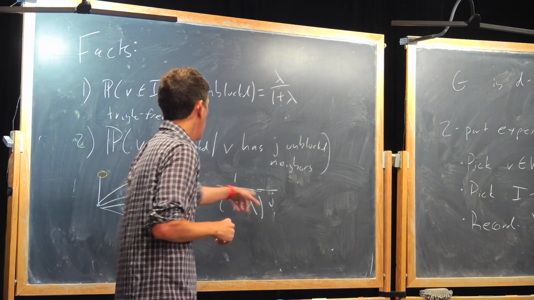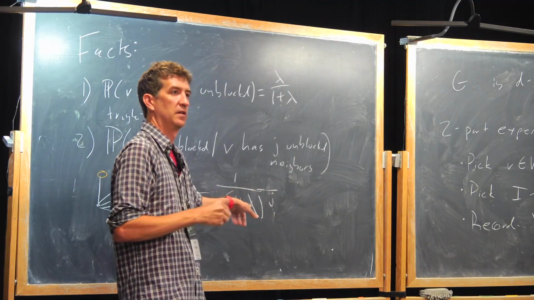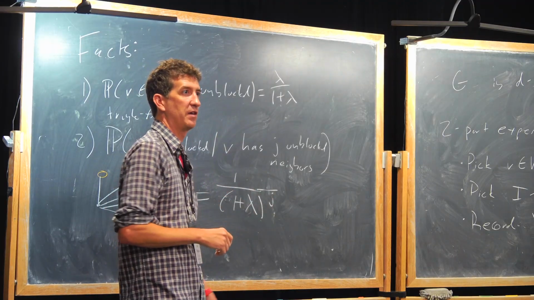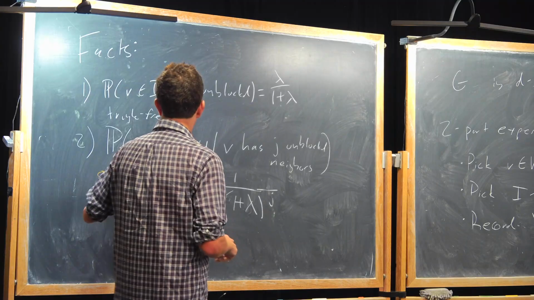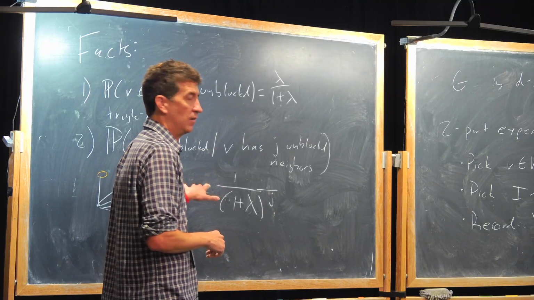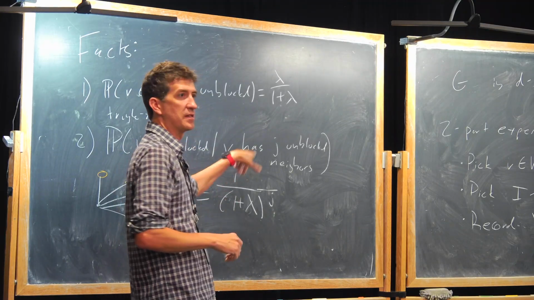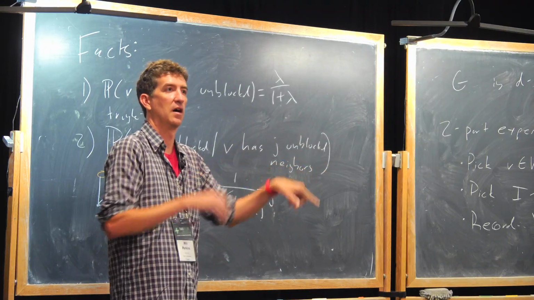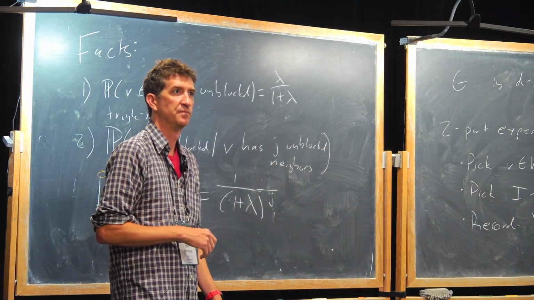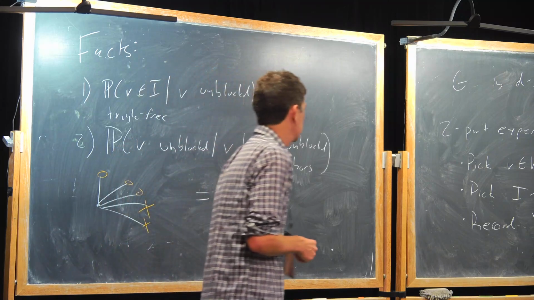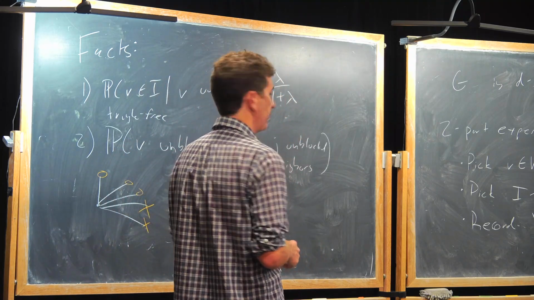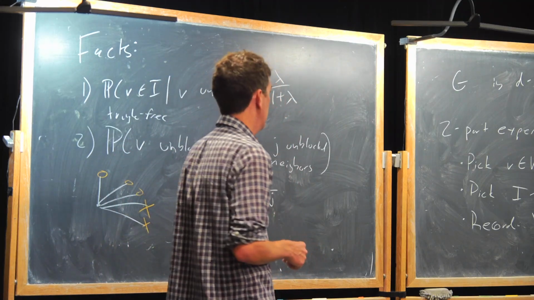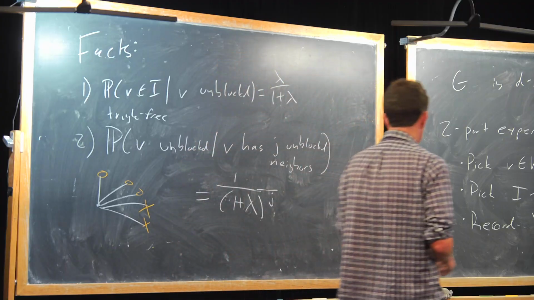This is the weighted count in our partition function of all the possibilities of the neighbors, 1 plus lambda to the j, and we're only interested in the one special configuration that has weight 1, where it's unoccupied. Okay, so if we're happy with those two facts, then we can write some formulas.